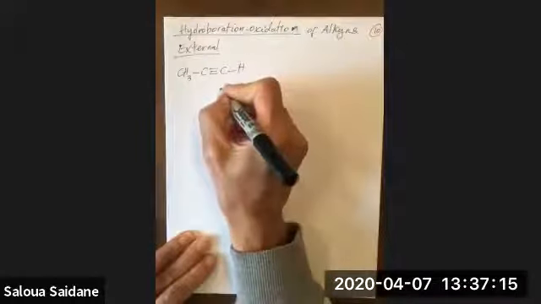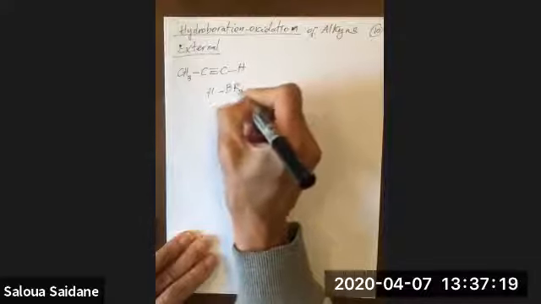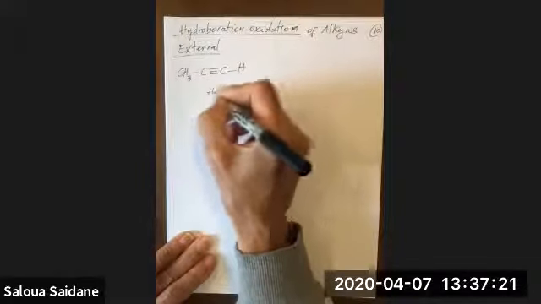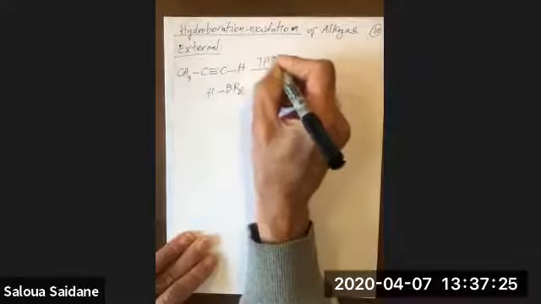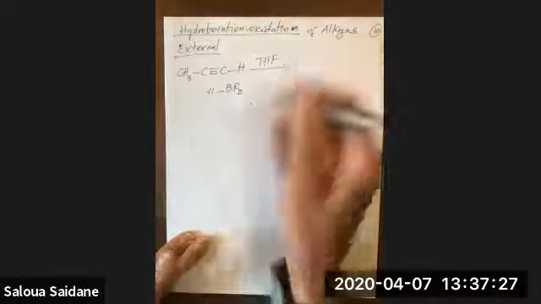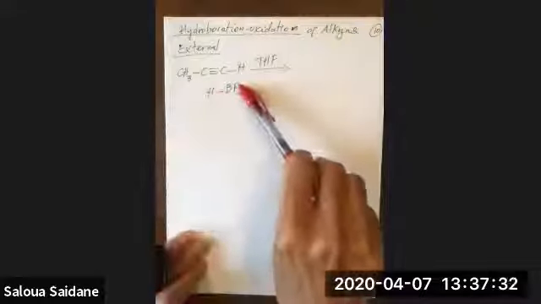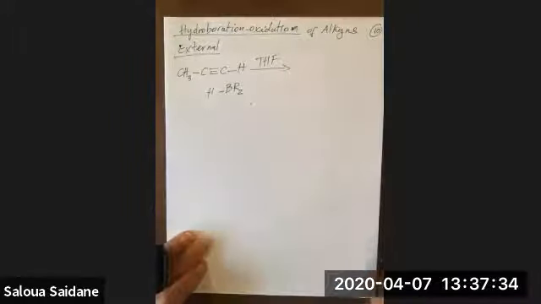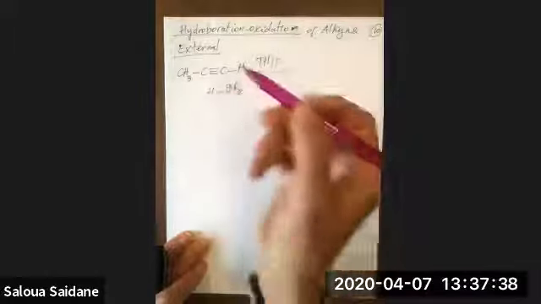Well, you start with BHR2. So in this case, we have Br2H in THF. That's the solvent. If you remember, it says first step is, but in the previous scenario, we didn't have HBr2, we had BH3. Here we have HBr2, R meaning any kind of alkyl group.